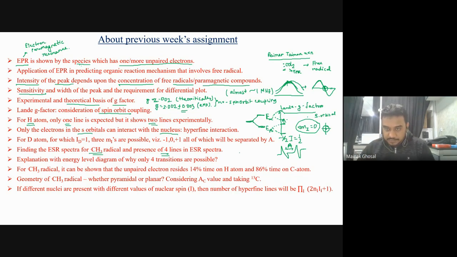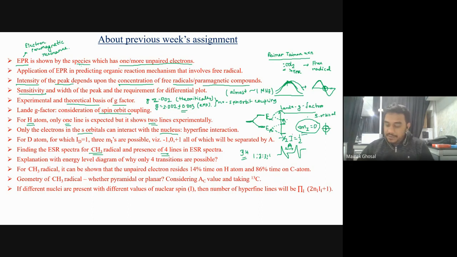Because three hydrogens are there, the lines will be divided in a 1 to 3 to 3 to 1 ratio. Why four lines? Because it will be divided into four parts: plus 3/2, plus half, minus half, and so on. Four transitions will be allowed, so you will get four lines.